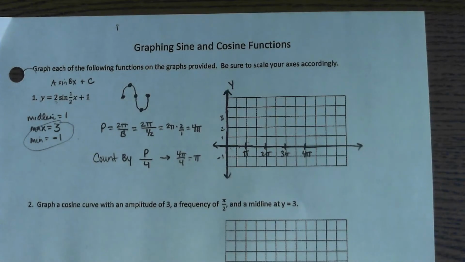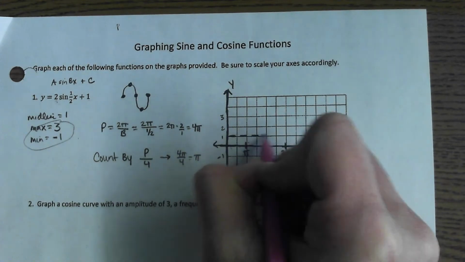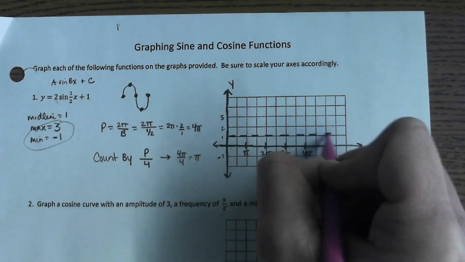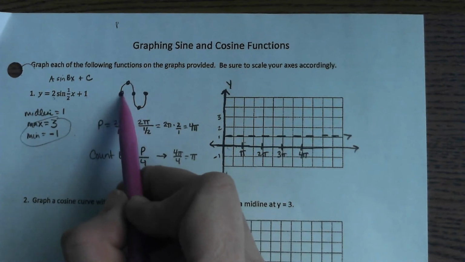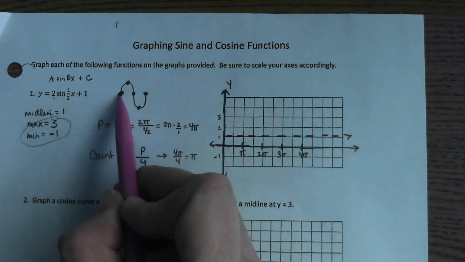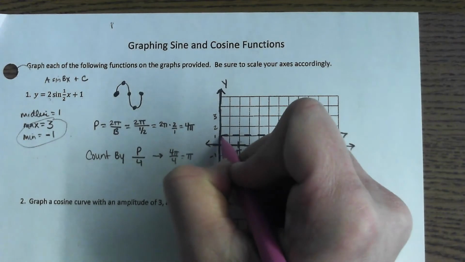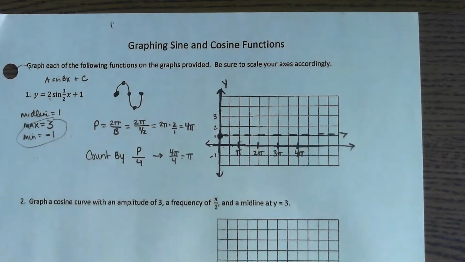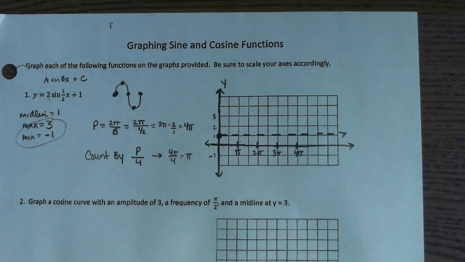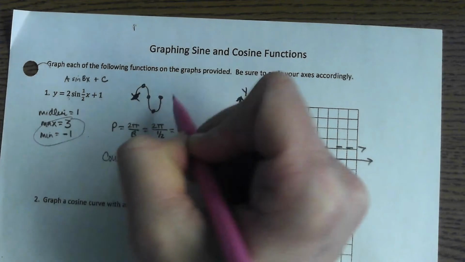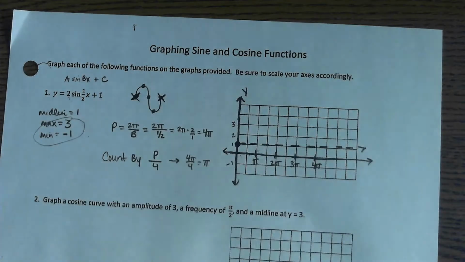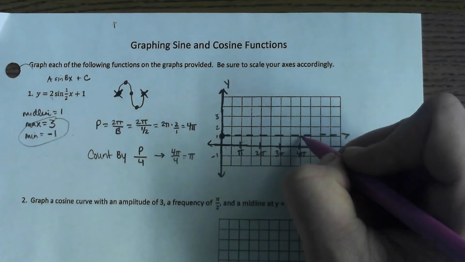And now I can start to graph, get my midline on there. That's at 1. And then start with your critical point. So we're starting on the midline here. We're ending, I'll put a little X through that because we graphed that. We're ending on the midline at 4 pi.